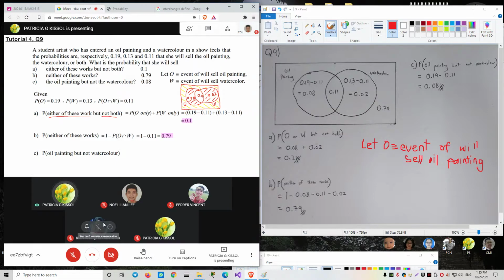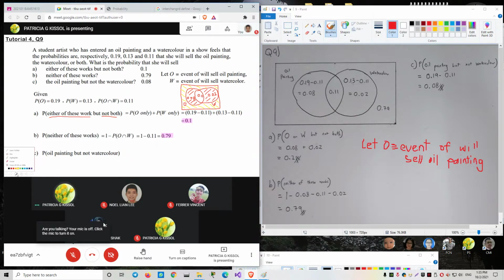Let me write it down. I mean, it should be 1 minus the probability of O union W. Where's my pointer? Oh, there it is. I just scribbled and said this one, because you see where I shaded the yellow area.